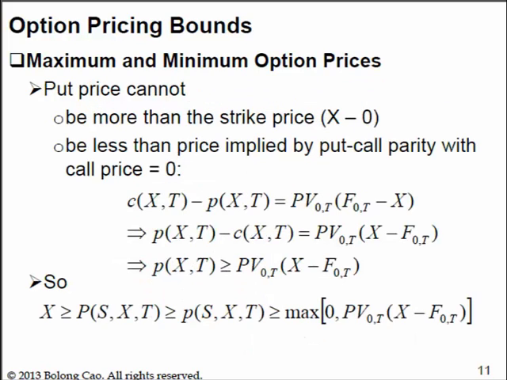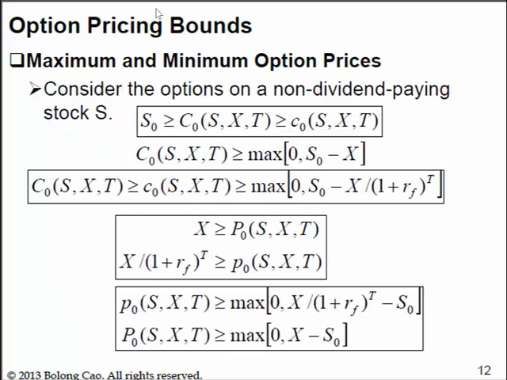Notice that so far we are considering from the starting point of European options. We have some basic relationships, but there's again the distinction between the European options and American options. So we need to further explore that to get more accurate statements for the upper bounds and lower bounds.